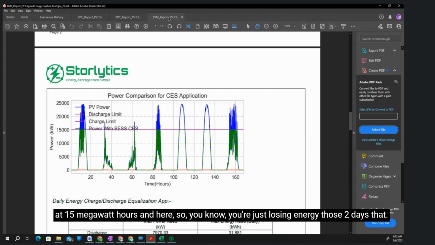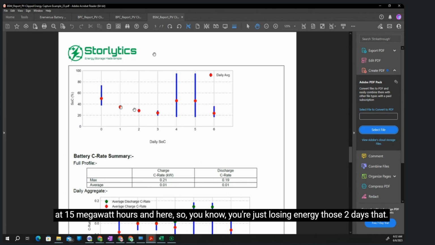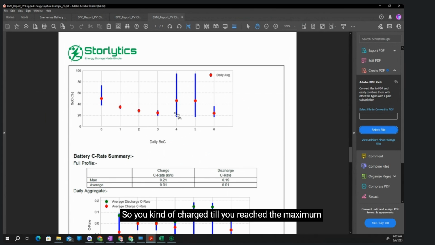So you're just losing energy those two days that nothing came from solar. But then on this day, when there was a lot of sunlight, you were already at about 30% state of charge. So you charged until you reached the maximum capacity, because you started at 30% already.